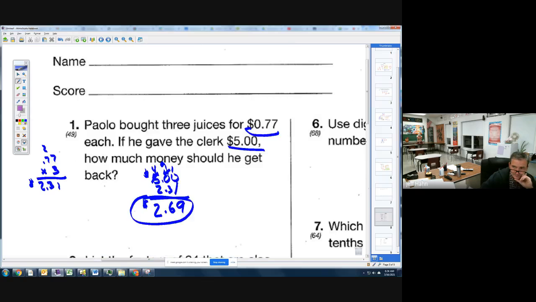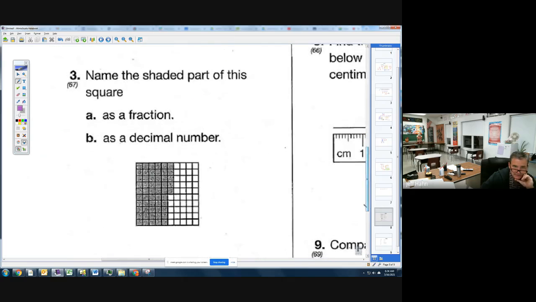Number 3, name the shaded portion of this square as a fraction. If you count, this is a 10 by 10 square, so there are 100 total squares, and you want the fraction of that. How many are shaded?